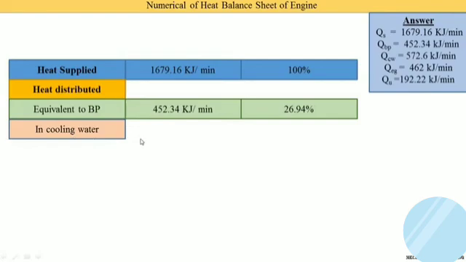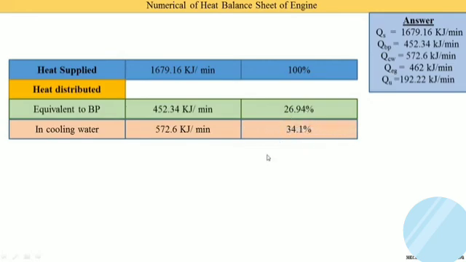Then next is cooling water. The amount of heat rejected in cooling water is 572.6. So 572.6 divided by 1679.16 into 100, then you get the percentage, 34.1%. So here you see we supplied 100% of the energy, and out of 100 only 26.94 is useful, and 34.1% is going in the cooling water. Now next we find out how much energy goes to the exhaust gas.